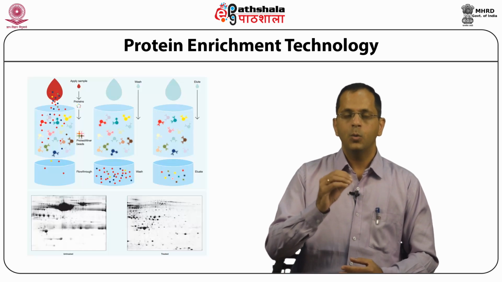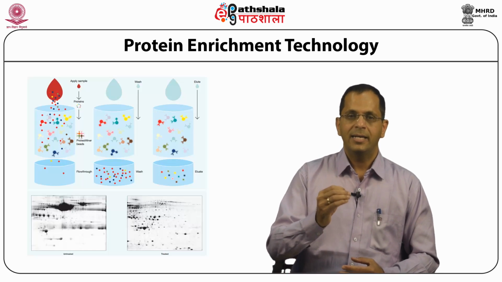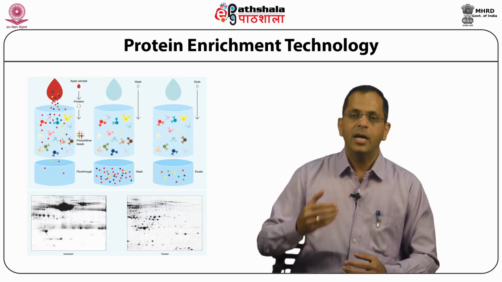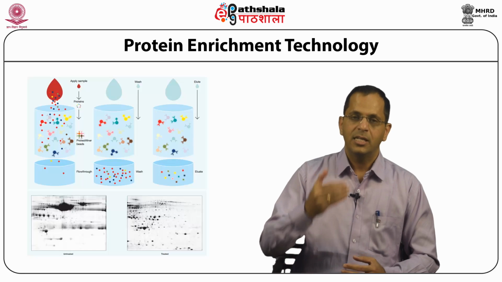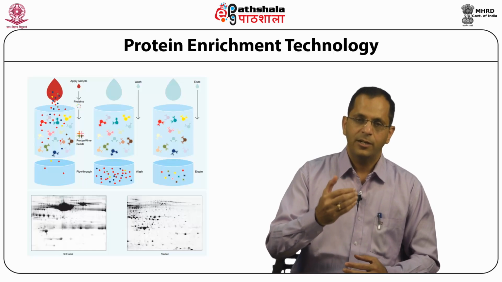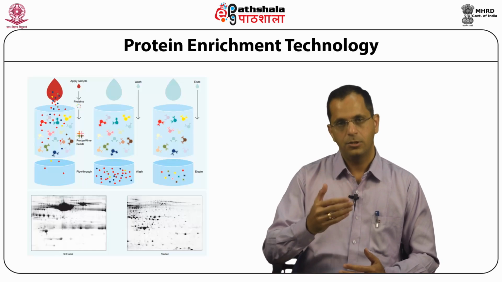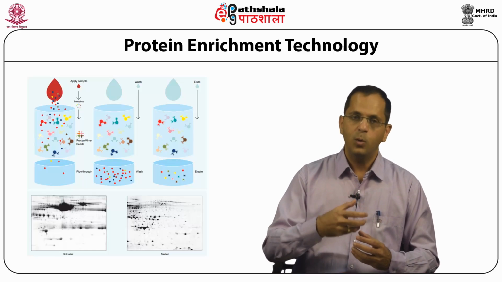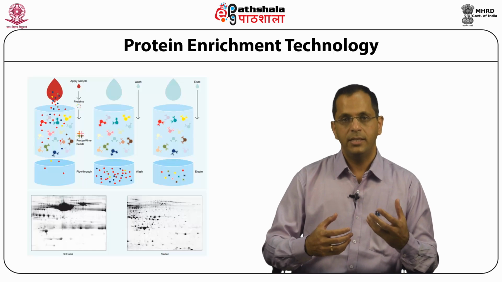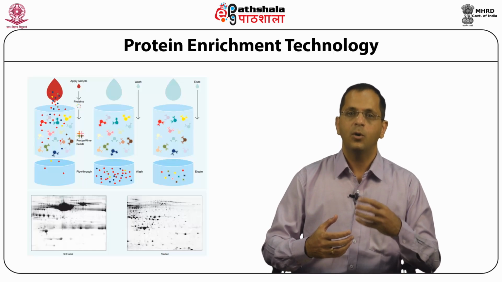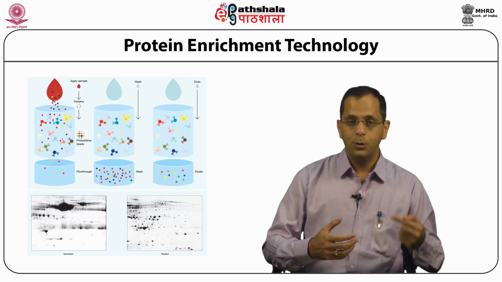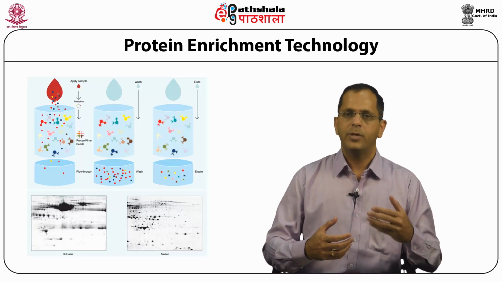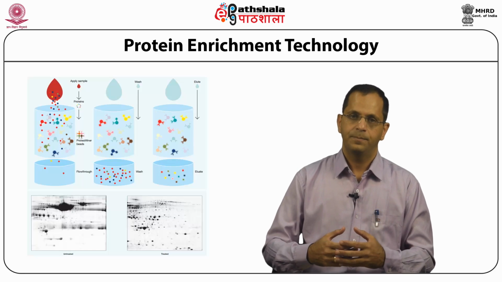Thereby, you go on to understand that there are more chances of identifying low abundant proteins using this particular technology. Also, because you have certain proteins that are bound to the high abundant proteins, which could be having a housekeeping function, they too could be represented on this particular protein profile snapshot.